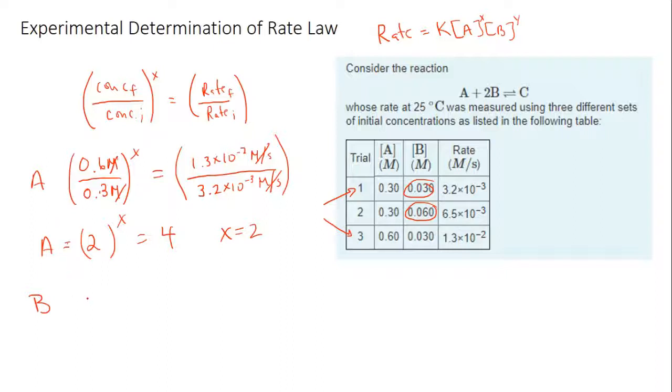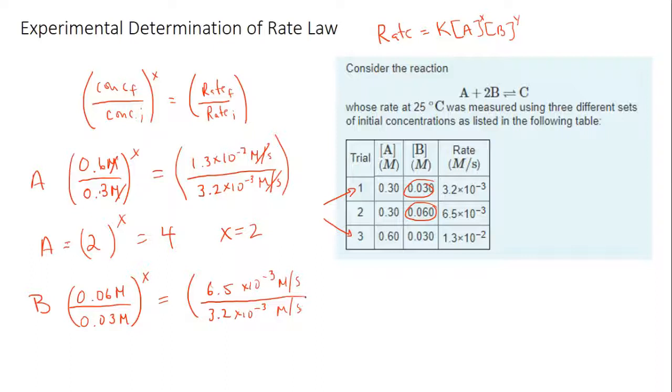So for B, we would have 0.06 divided by 0.03 raised to an exponent equals, our final rate would be 6.5 times 10 to the minus 3 molar per second, and 3.2 times 10 to the minus 3 molar per second.